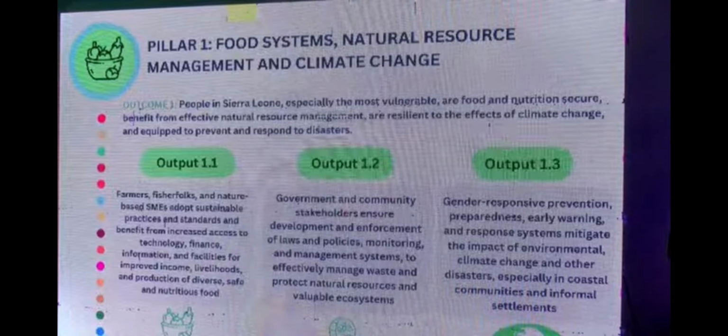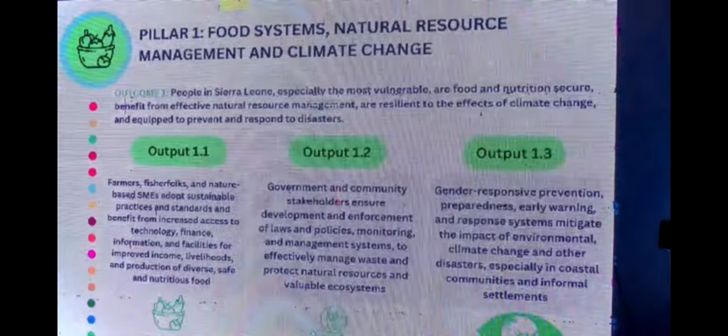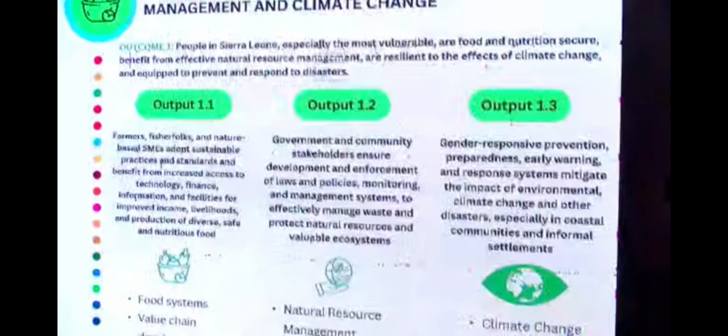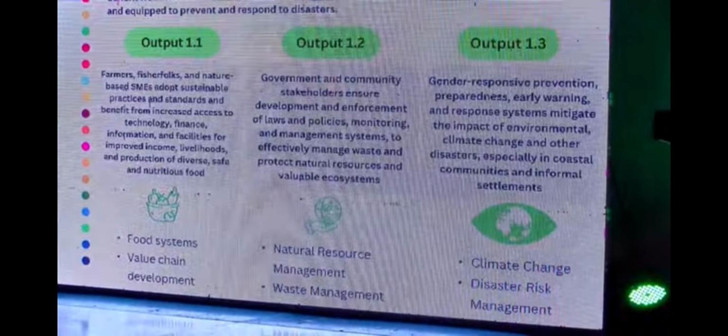So Pillar 1, which is about food system, the UN intends to strengthen the food system and the value chain, and allow to increase agricultural production and food production capacity.